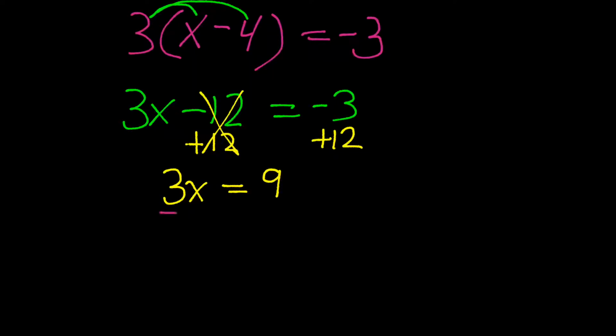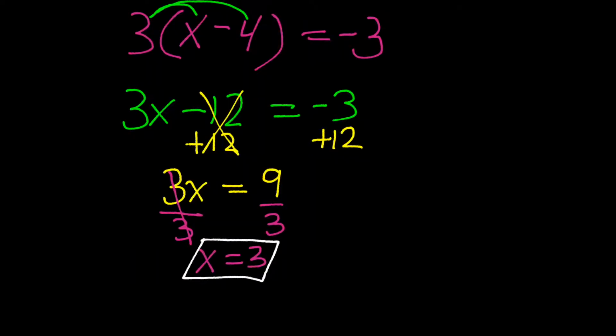So we are going to divide by 3. 3 divided by 3 is 1. So I have x left all by its lonesome on the left. And 9 divided by 3 is 3. So our solution appears as though it's going to be x equals 3.